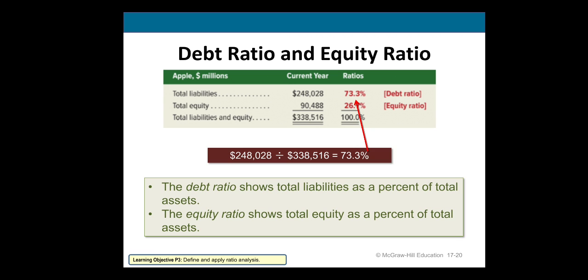The way to interpret the debt ratio is like this. If the debt ratio is 50% or below, then you can say that the financial condition of the business is good. If the debt ratio is more than 50%, then the conclusion that we can make is the business is not in a good financial condition, because the amount of debt is more than 50% compared to the total asset.